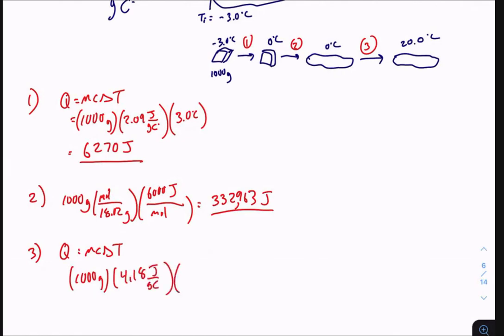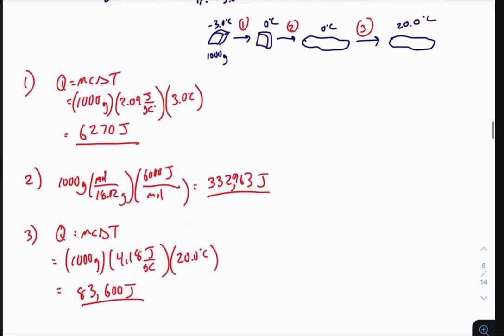And our temperature change is final minus initial, so 20 minus 0, so 20. Okay. So the total amount of energy needed to do this, I just add these all up.